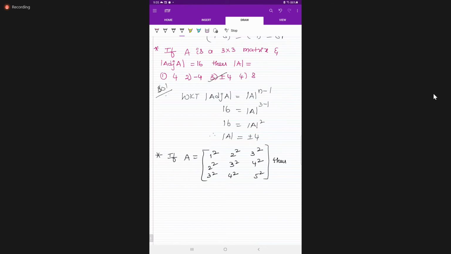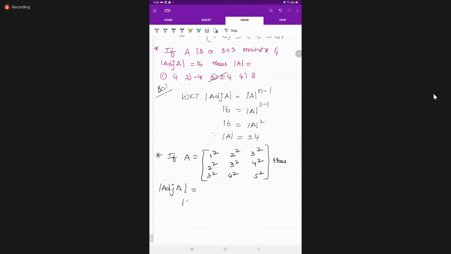The question is not there. Then we can write it as, find adjoint of A. How can you find, students?